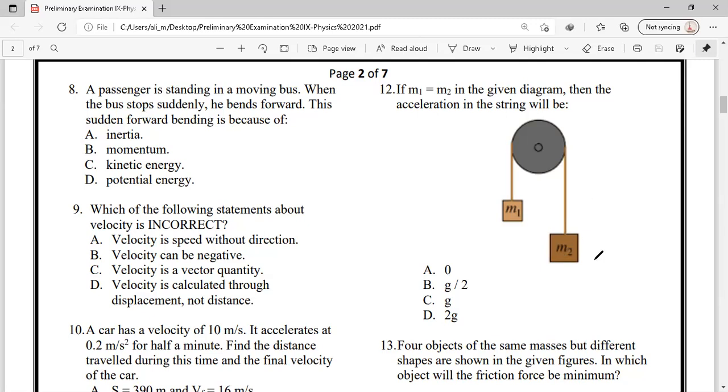If the mass of m2 is greater, then it would move downward while m1 will move upward. Similarly, if m1 is greater than m2, then m1 will move downward and m2 will move upward. In this case, both bodies have the same mass, so no body will move upward or downward. They will remain at rest. So the acceleration in the string would be equal to 0.